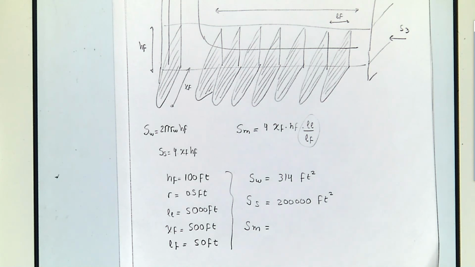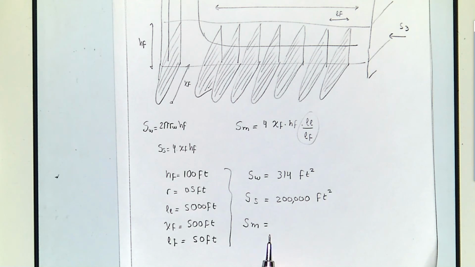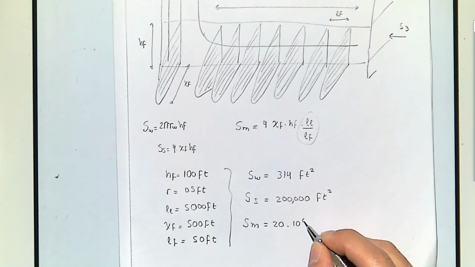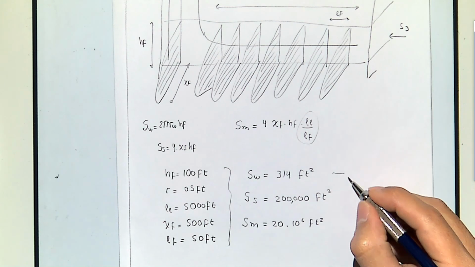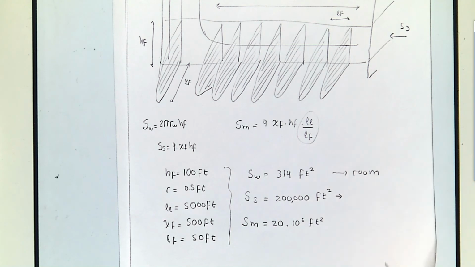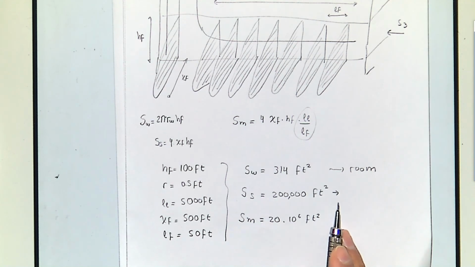And what about the multiple? 20 million, okay. So let's talk about this one. This one is more or less the square footage of a room. And this one, it's the size of how many football fields?